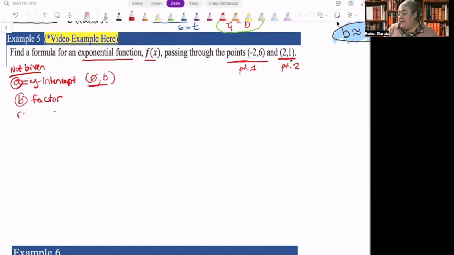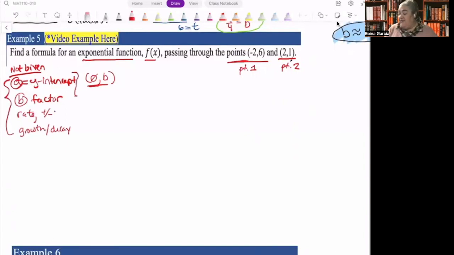We're not given a rate of any kind. So we also don't know whether this rate is positive or negative. So we don't know whether this is growth or decay. These are all the things we don't know.